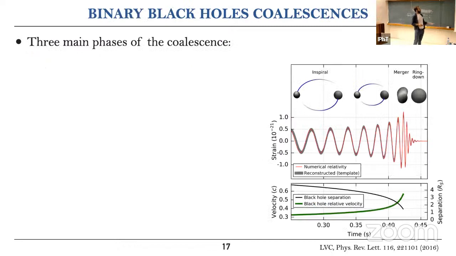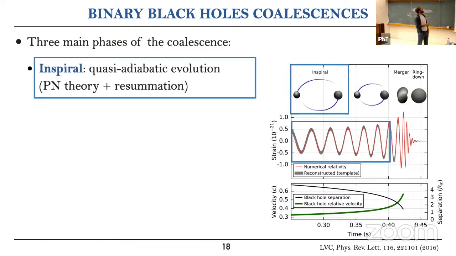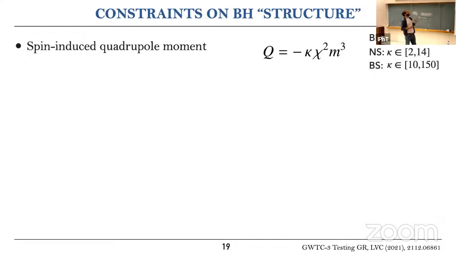So as Daniel discussed, and I'm sure you all know by now, these coalescences take place in 3 phases. There is an inspiral phase, where essentially it's a quasi-adiabatic evolution. You have post-Newtonian theory, plus you need some resummation techniques, and this is all nice and fine. One interesting thing that we can learn from this phase, where the two objects orbit around each other, is looking at the spin-induced quadrupole moment.